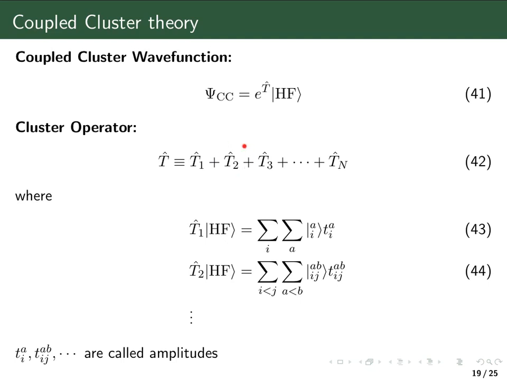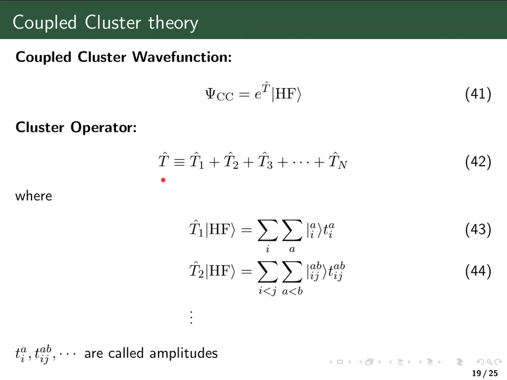Now the next operator in the cluster operator, the T2 operator, acting on Hartree-Fock, generates all doubly excited determinants, each multiplied with its amplitude. And T3 then generates triply excited determinants and so forth. For a system with n electrons, the total cluster operator therefore has contributions up to a Tn operator, which then generates n-tuply excited determinants.